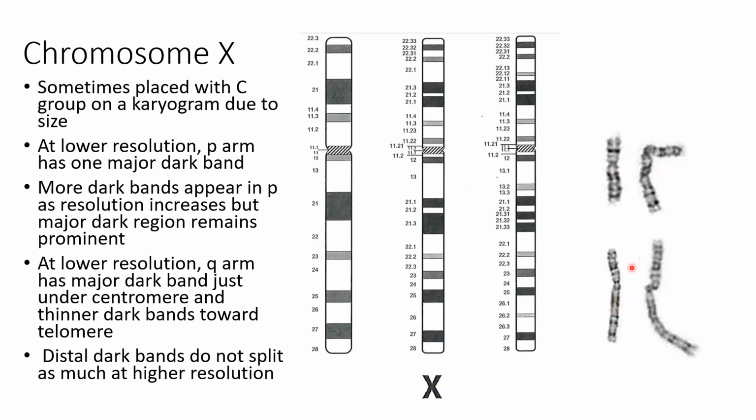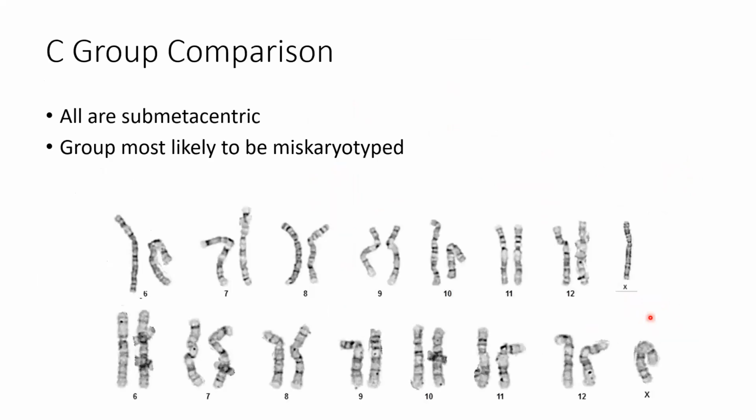But these are the 2 landmark bands to look for in X. And just then again, as you get to the longer ones, you're going to have to kind of change your focus and think, okay, that's going to separate out, but it's still a series of dark bands. So here's our C group comparison. All are submetacentric, and like I said, most likely to be confused.